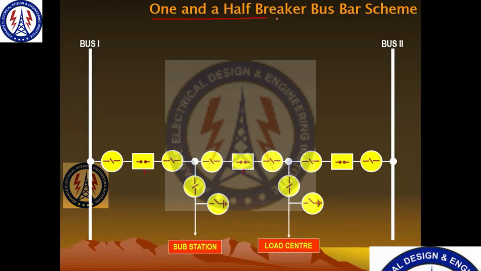Correct. Anyone want to add something? Yes, sir. One breaker is used as a main bay and another is used as a tie bay. That's why it is called the 1.5 breaker scheme.